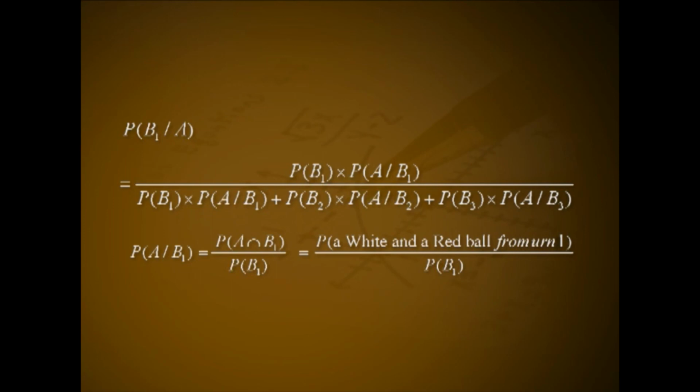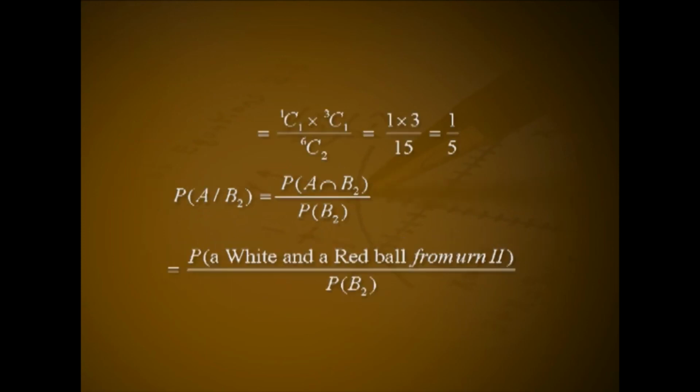That is equal to probability of a white and a red ball from urn 1 divided by probability of B1. That is equal to 1C1 into 3C1 divided by 6C2, which is 1 into 3 divided by 15, that is equal to 1 by 5.